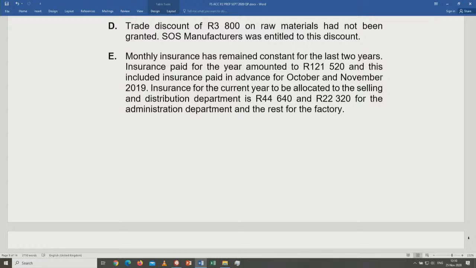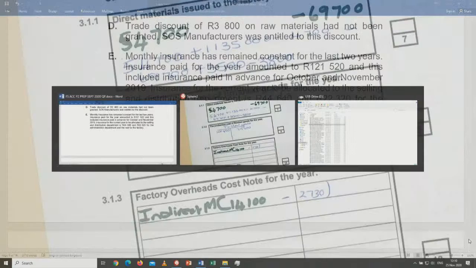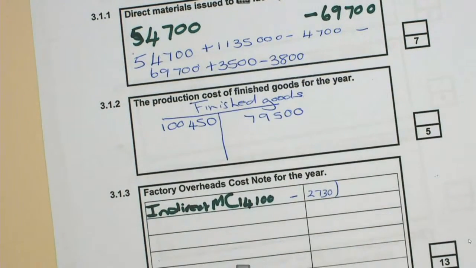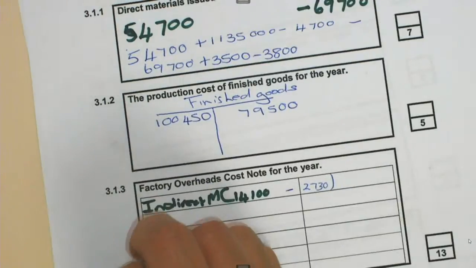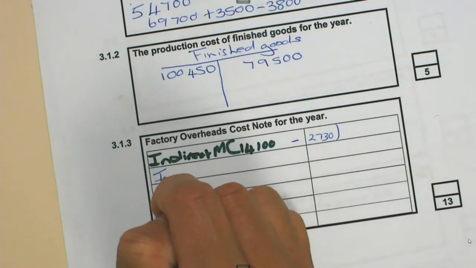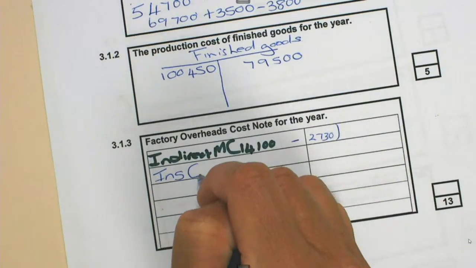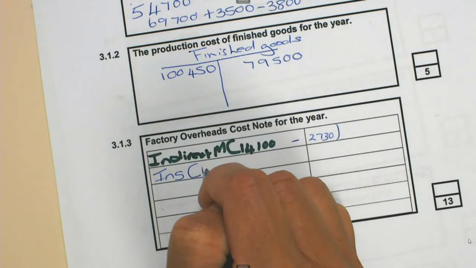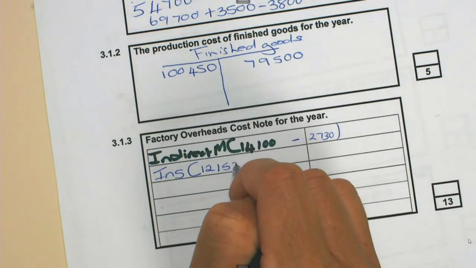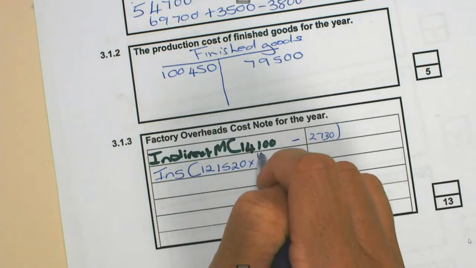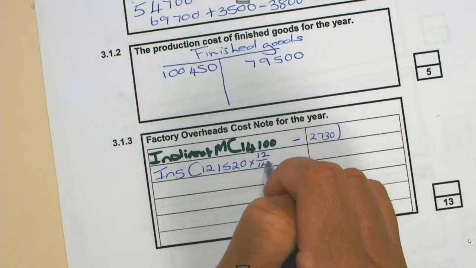Then it says insurance for the current year to be allocated to the selling and distribution department is 44,640 and 22,320, right? So let's do that quickly in our answer book. So we are saying insurance 121,520 times 12 divided by 14.